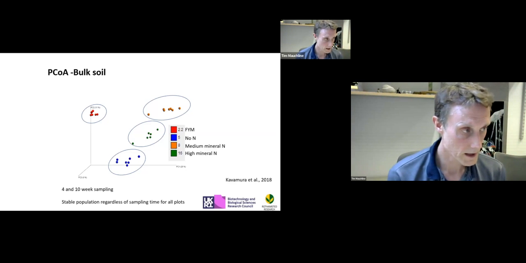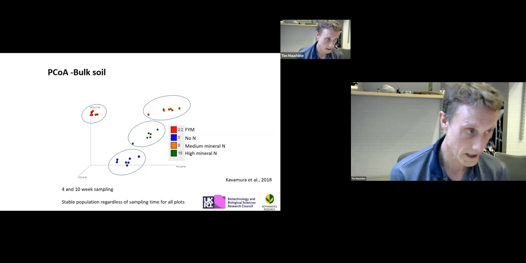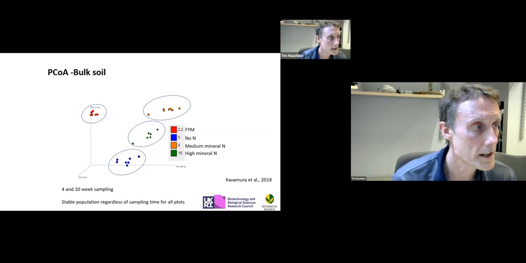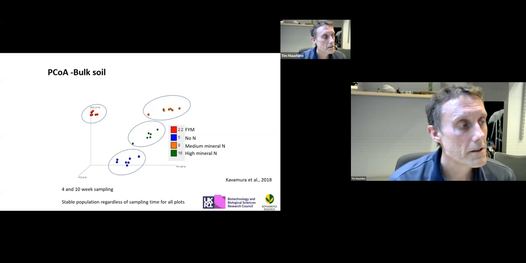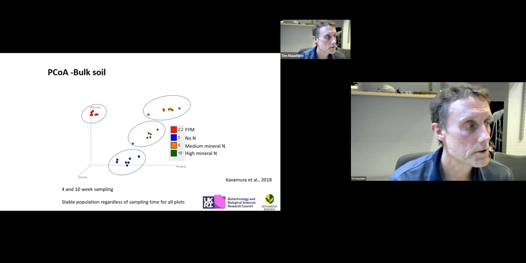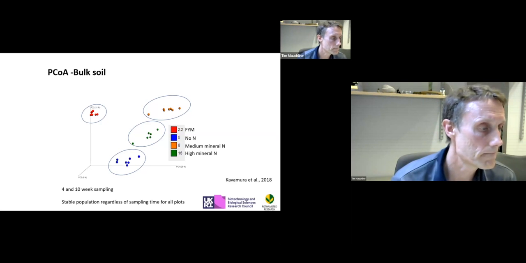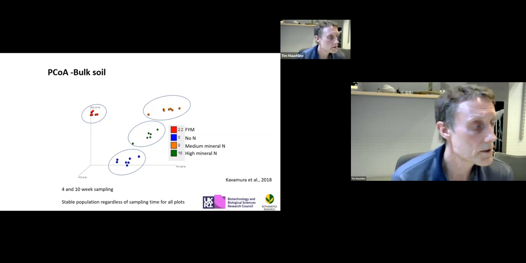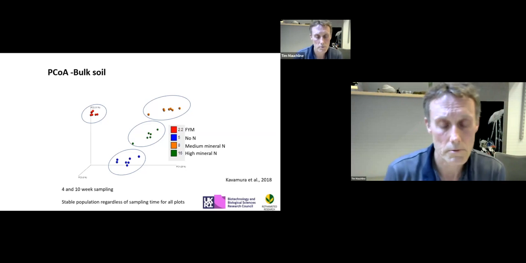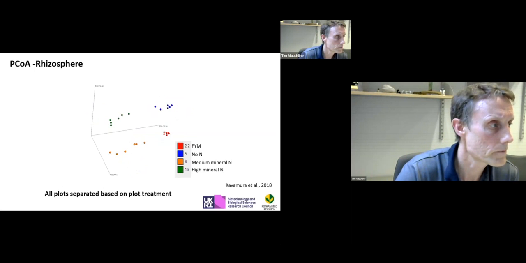What we found, looking at the bulk soil plot here, was very clear differences in the communities according to the fertilisation regime, and no difference between the two sampling time points.